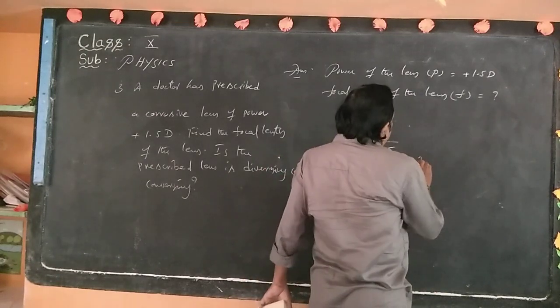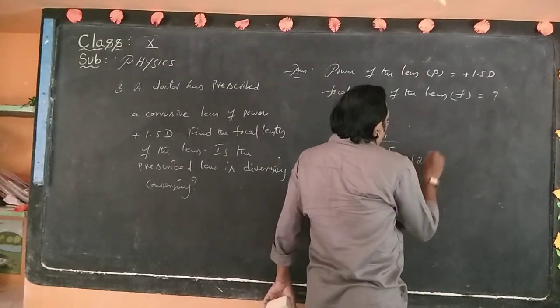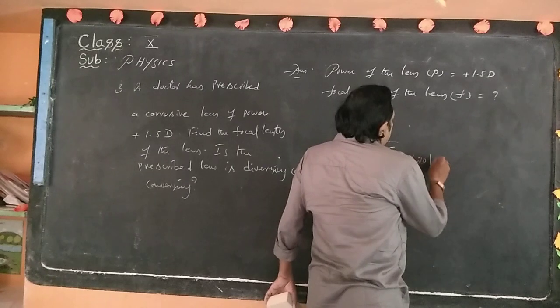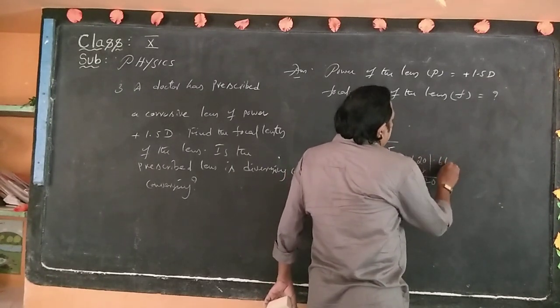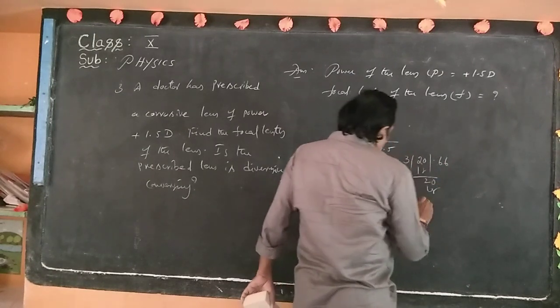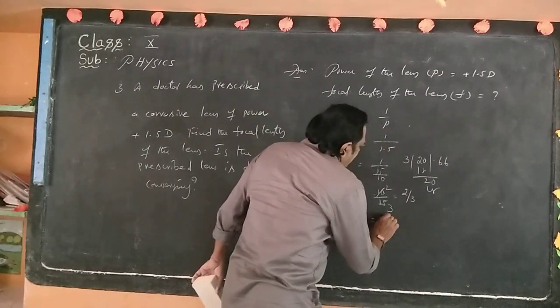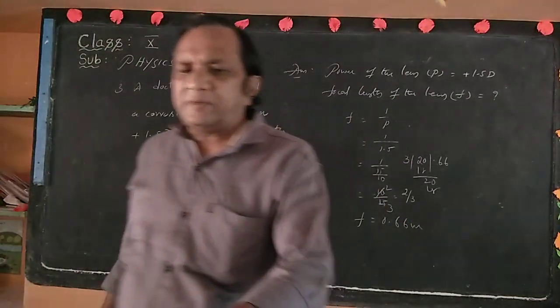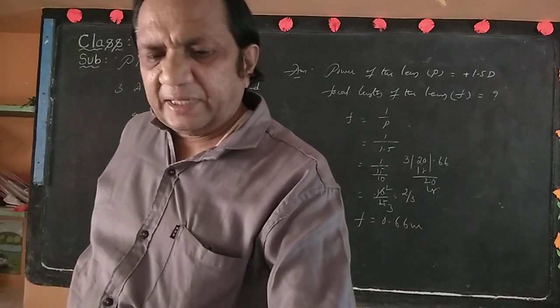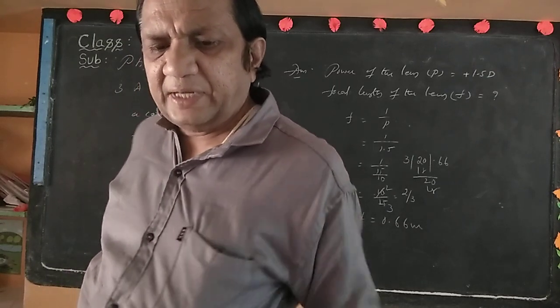So 2 divided by 3, what do you get? The focal length of the lens will be 0.66 meters or 66 centimeters.